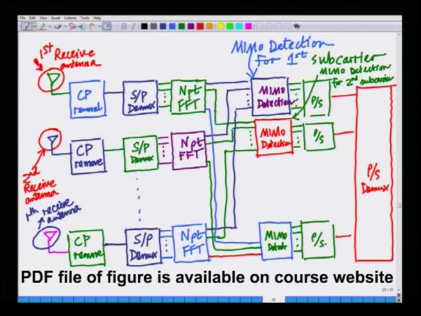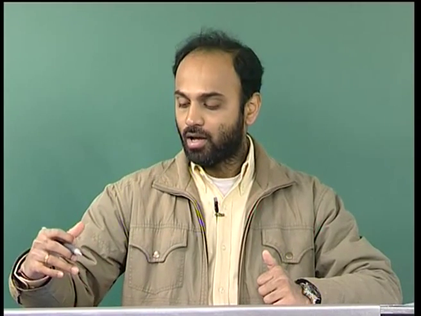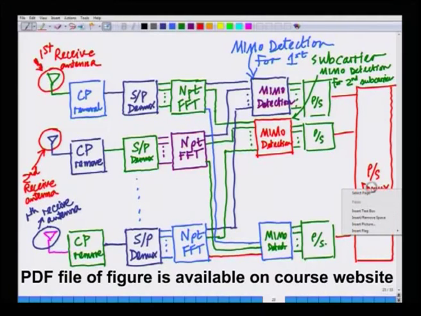Once that is done, you collect the information corresponding to each subcarrier at each receive antenna and do MIMO detection across each subcarrier, and once you do that, you can multiplex all these streams into one large stream.